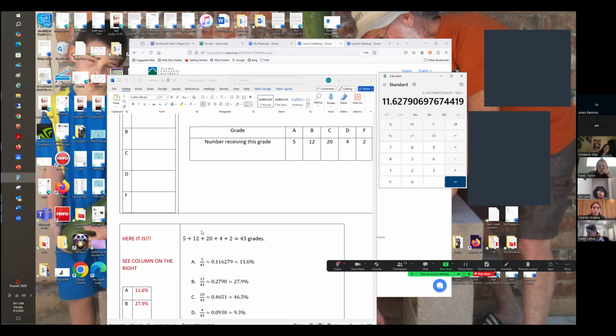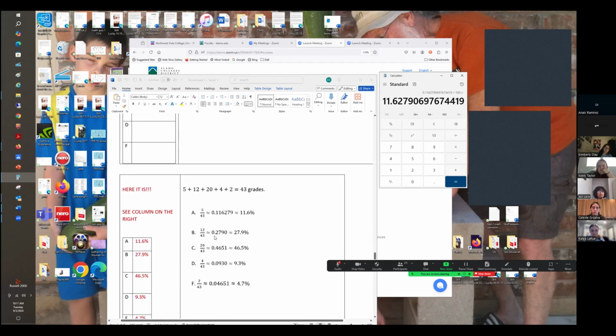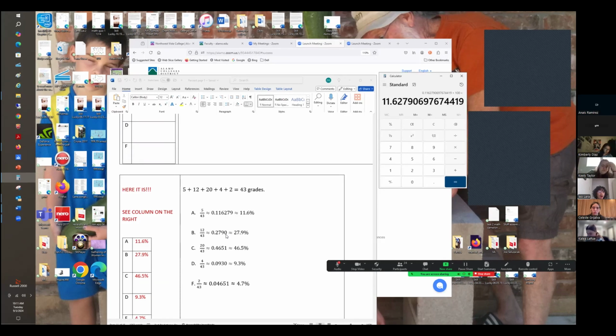12 divided by 43 is 0.2790, which is 27.90%. And the 0 is not big enough to make it round up. If it were 27.95, then you can't put a 10 where that 9 is, so you'd have to make it 28.0%.